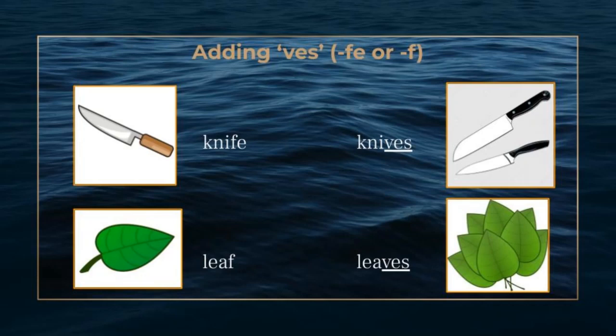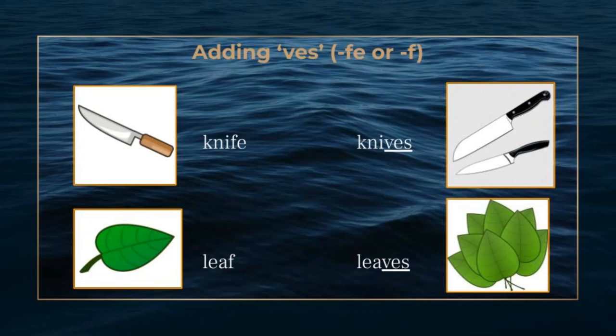If a singular noun is ending with the letter F or FE, we have to add VES by removing F or FE. Okay students, look at the given picture, then you can understand easily. The first picture is a knife.